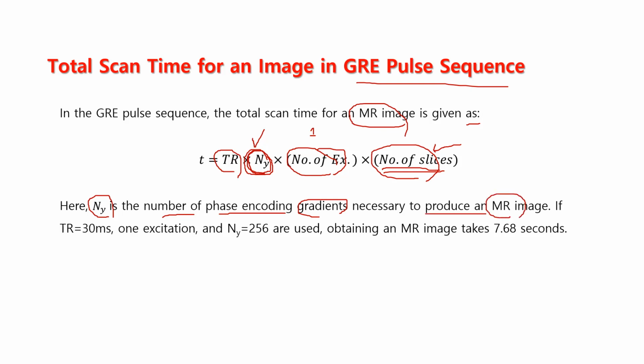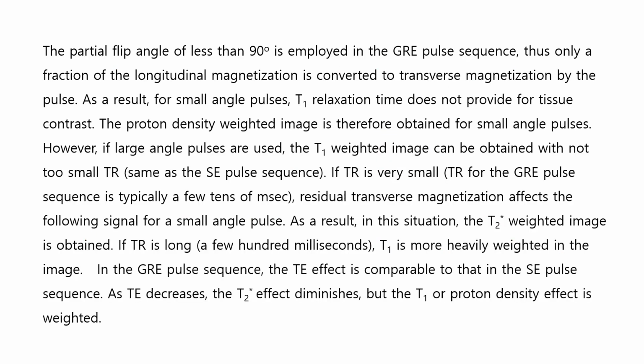If TR is 30 milliseconds, one excitation, one alpha pulse, and NY 256 are used, then for one MR image we need 7.68 seconds. A partial flip angle of less than 90 degrees is employed in the GRE sequence.